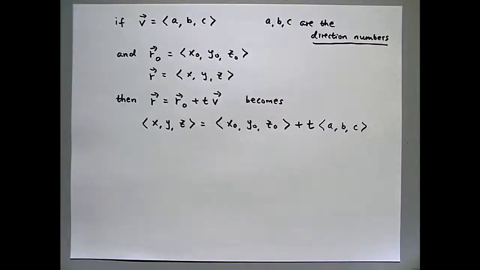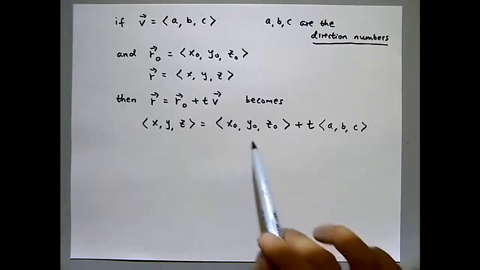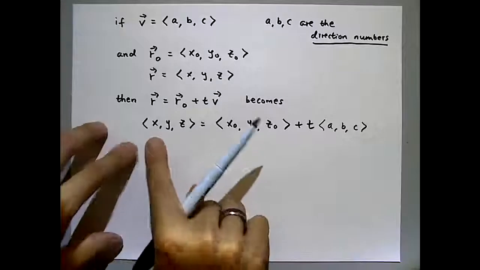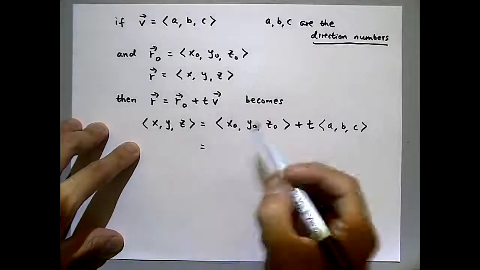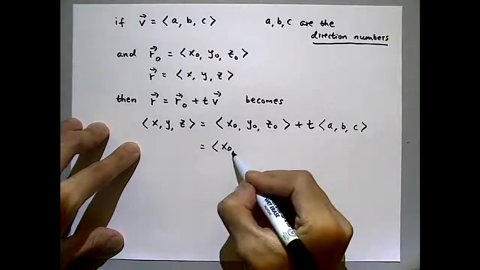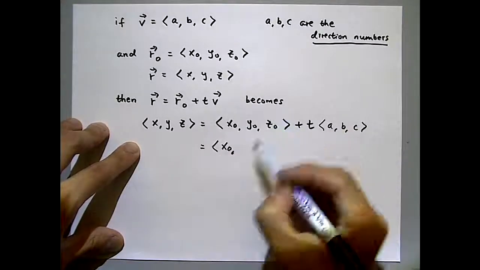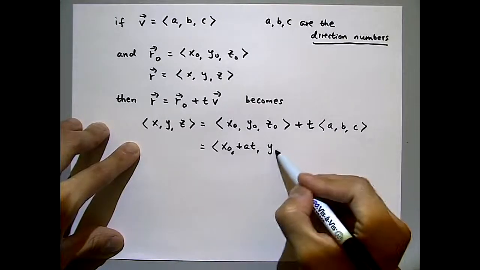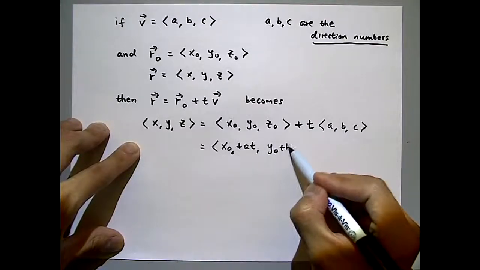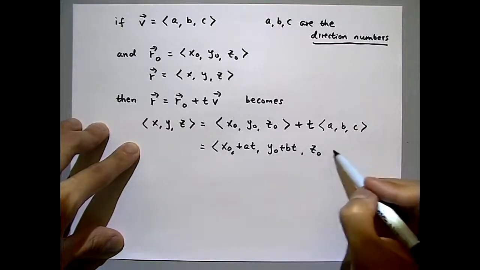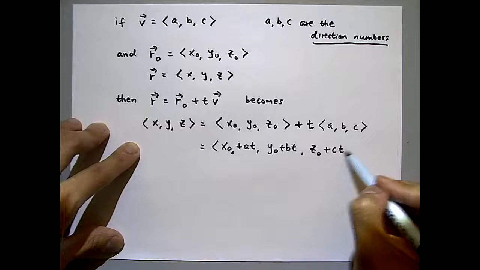Okay, so I put in the components of the vectors for r, r sub 0, and v. Then the right-hand side becomes the x component of the point plus a times t, the y component of the point plus b times t, and then the z component of the point plus c times t.